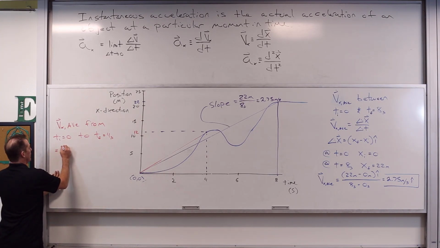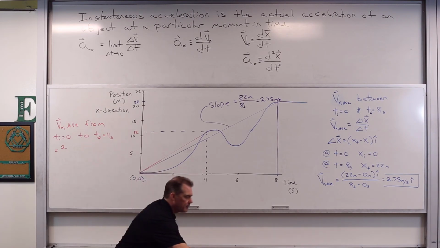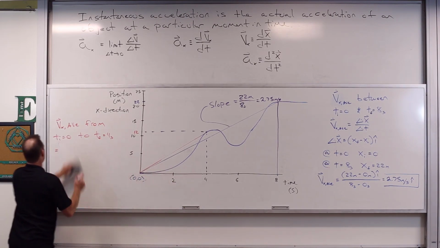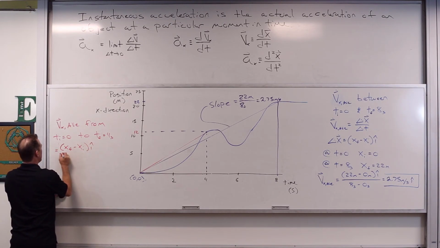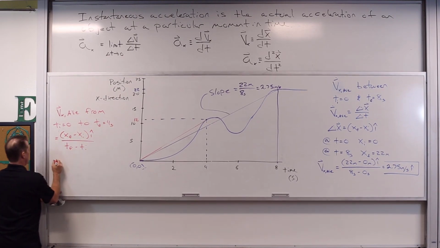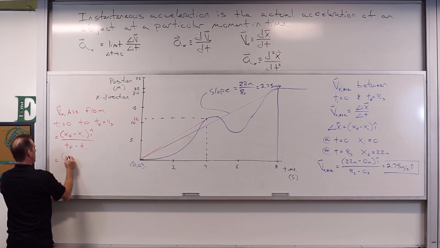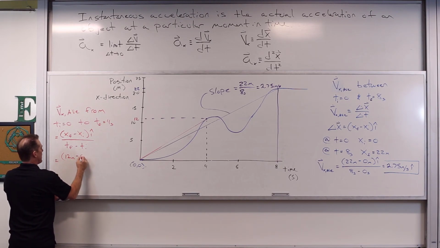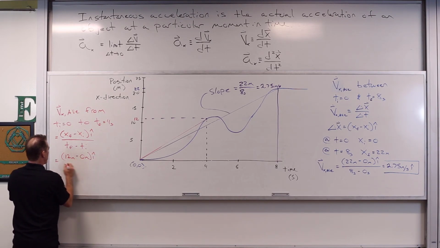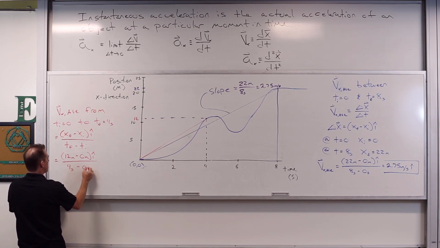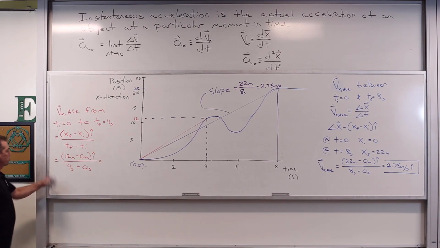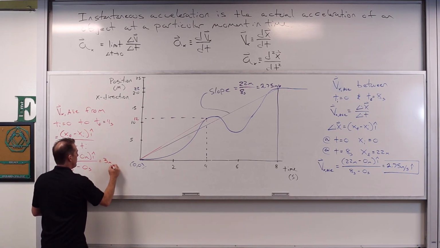So it is an x final minus an x initial I hat divided by a t final minus t initial, which is equal to 12 meters minus 0 meters I hat direction divided by 4 seconds minus 0 seconds. So we get 12 divided by 4, 3 meters per second I hat.